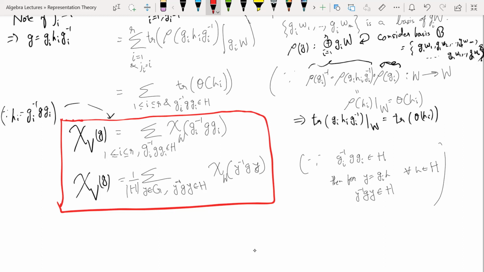That is what you're doing. You take all elements y in G such that y conjugates G to an element in H, evaluate the character of this representation at that element of H, and divide by the size of H. Okay, so this is the formula for the character of the induced representation.